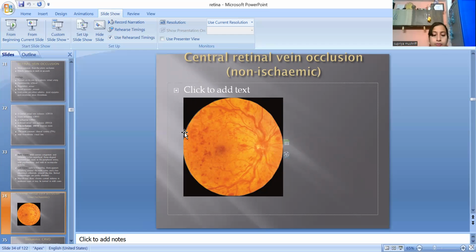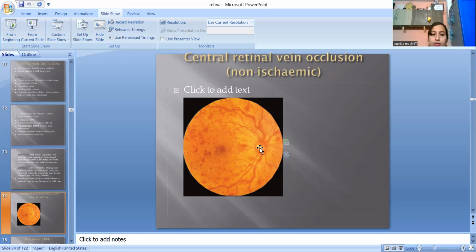Now this is the fundus picture of central retinal vein occlusion of non-ischemic type. Here you can see there is disc edema also. There is mild tortuosity of vessels with multiple hemorrhages in all quadrants with macular edema. But the visual loss will not be as gross as in the ischemic CRVO. And here the pupil will also not be affected.